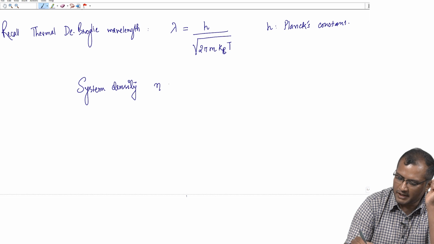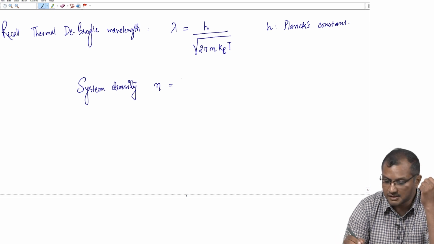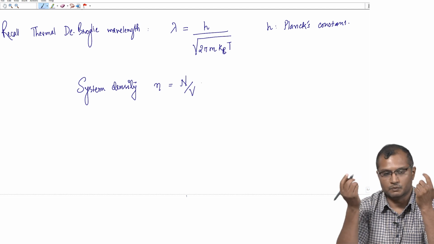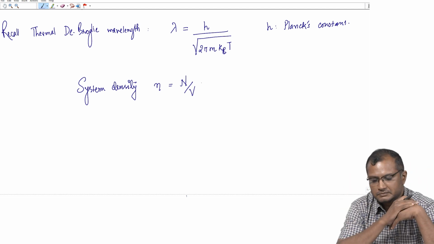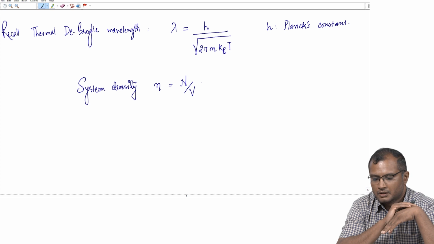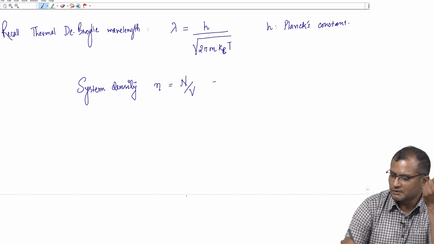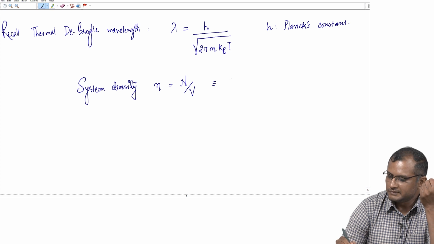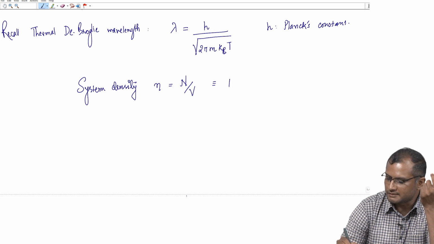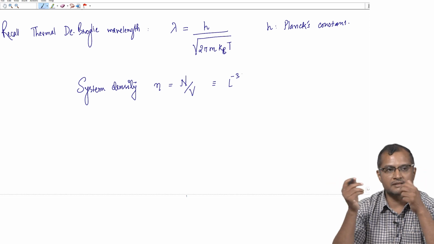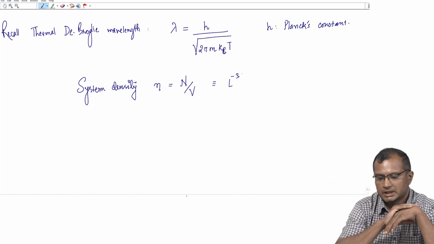I call it small n, number density, which is the number of particles in the system over the system's volume. Okay. So, now you can see that this density has the units of just L to the power minus 3, because of volume.